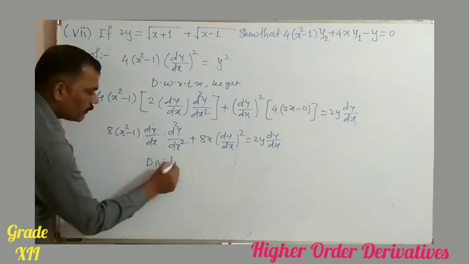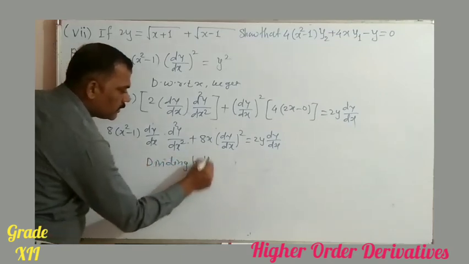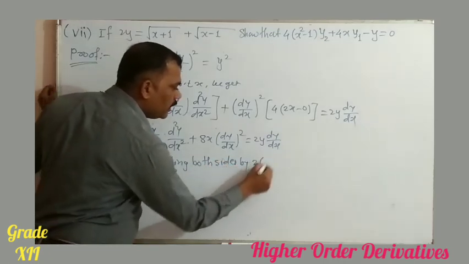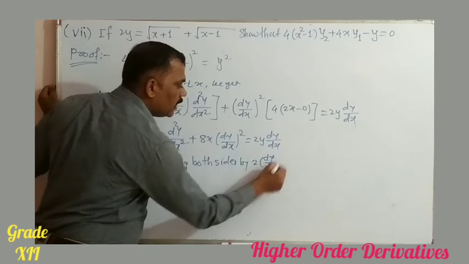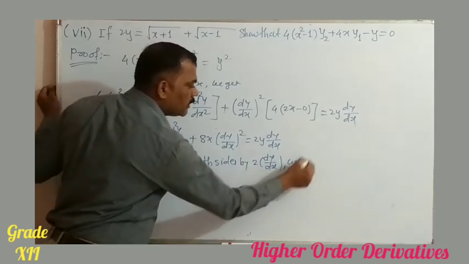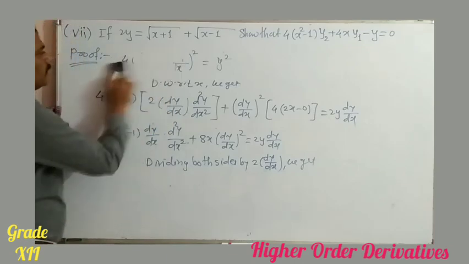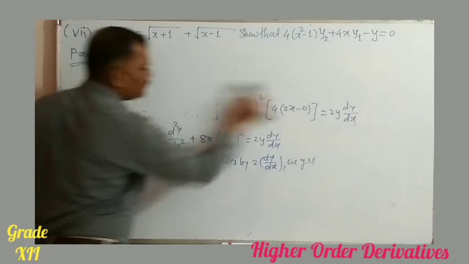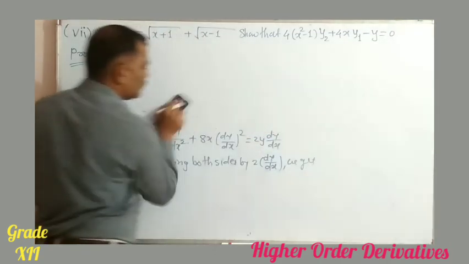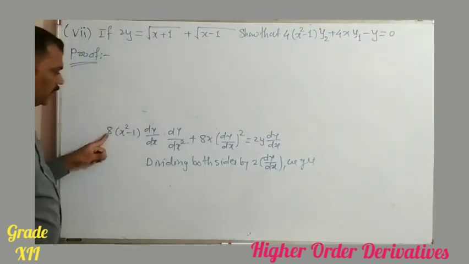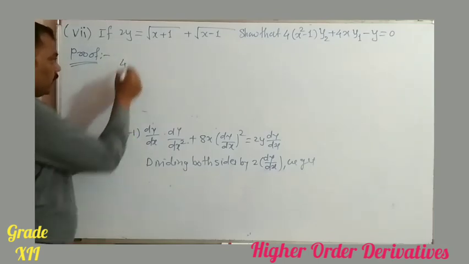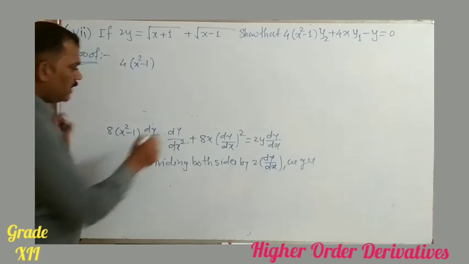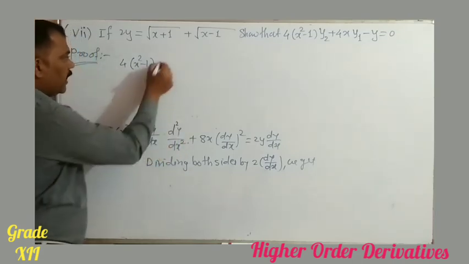If we divide by 2, we get 4 into x square minus 1 as it is, divided by dy by dx it gets cancelled, d2y by dx square as it is.